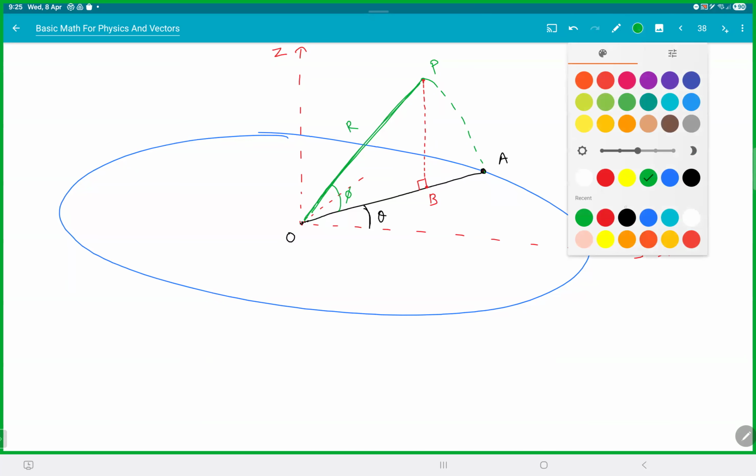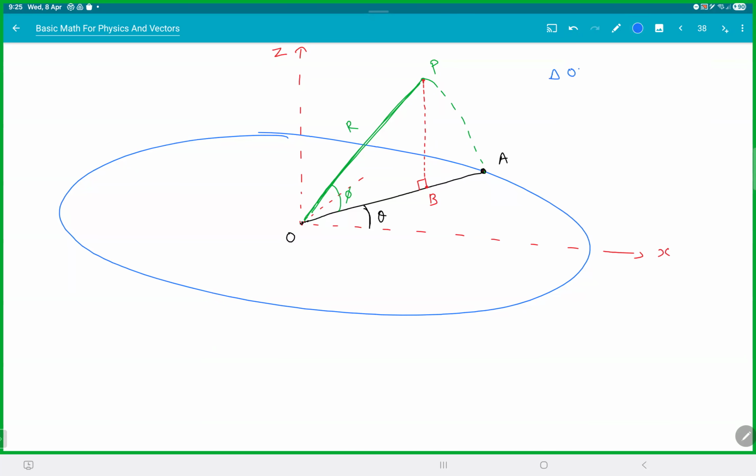Now, if you take the triangle OPB, sine phi will be BP by OP. So we get BP is equal to R sine phi. But isn't this the Z coordinate? BP is your Z coordinate, isn't it?